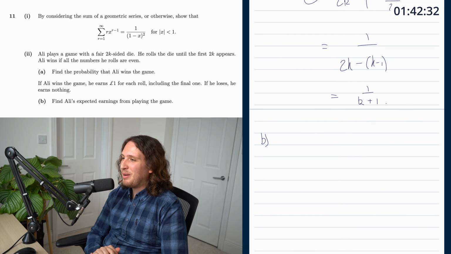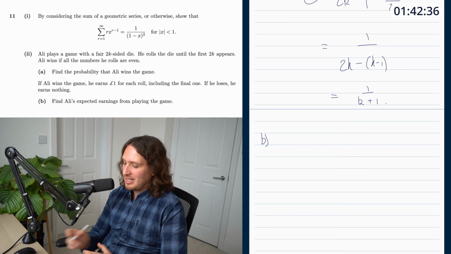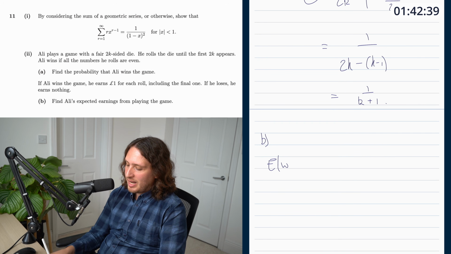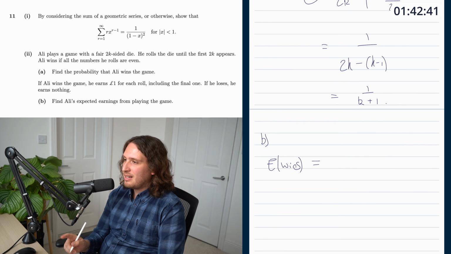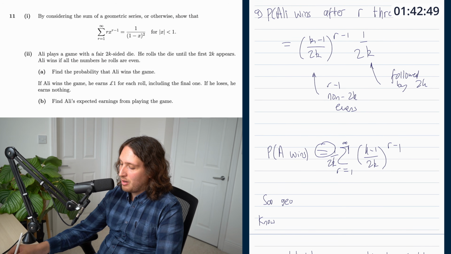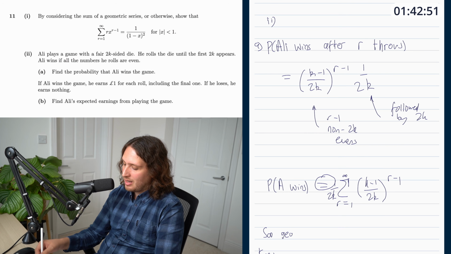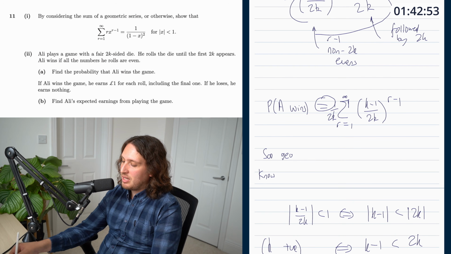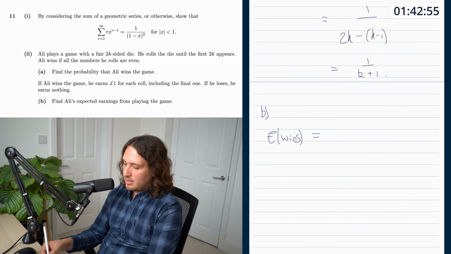Now, it's pretty obvious that in part 2, we're going to need to use the result from the last part. So the expected winnings, well, how does he win R pounds? He wins R pounds precisely by winning after R throws. So actually, this thing from earlier is now going to be useful in its own right.